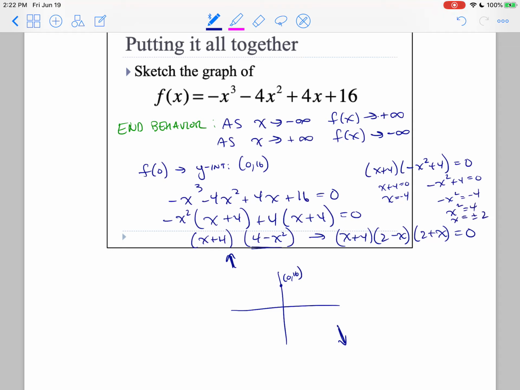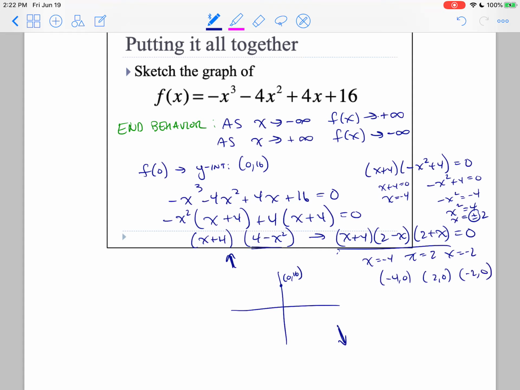So x equals plus or minus 2. And people forget the plus or minus, so they miss out on one of the x-intercepts. So if you have it in factored form like we have there, we can see the 3 factors. We know that x equals negative 4, x equals 2, and x equals negative 2.